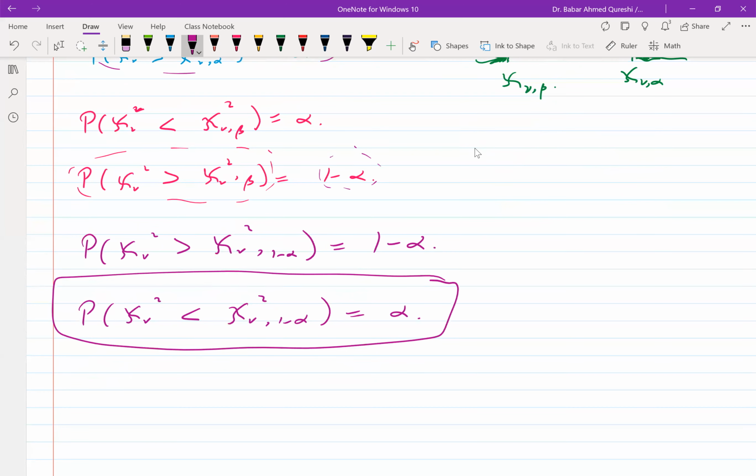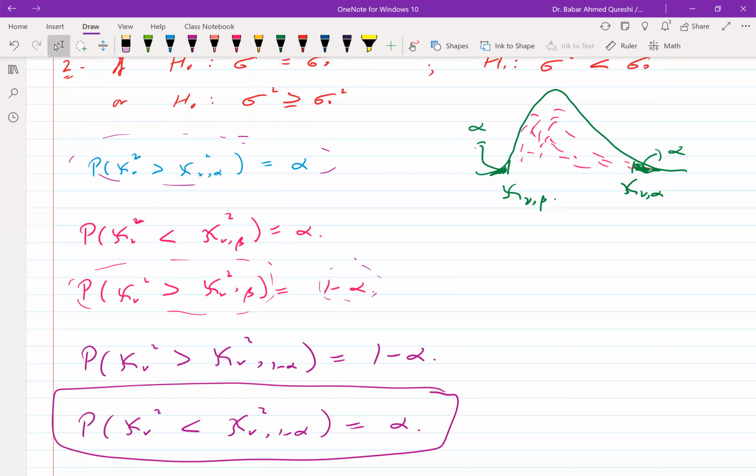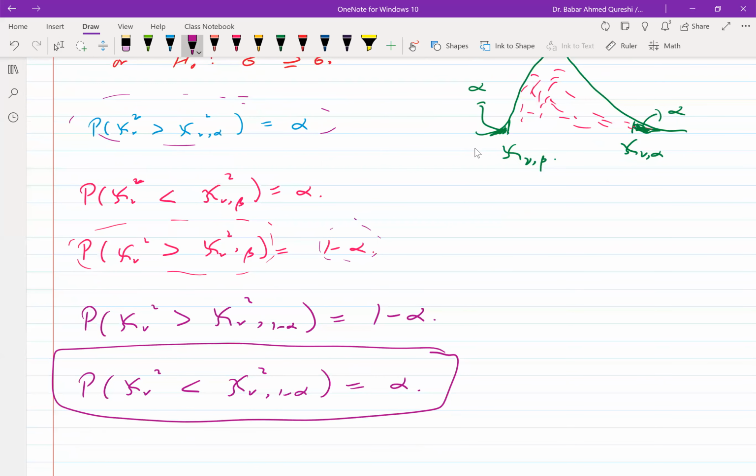This is the form we need. But what should be clear to you is the logic. There's this critical value so that chi square being less than this must have a probability alpha. So this thing, I'm going to denote it as 1 minus alpha.